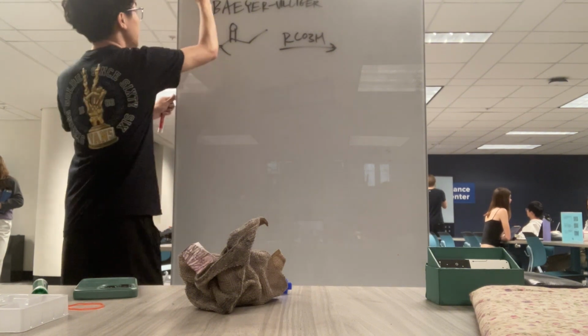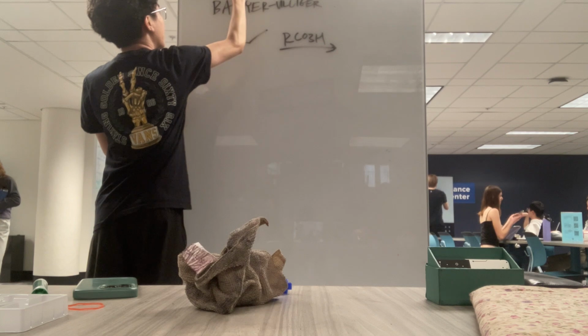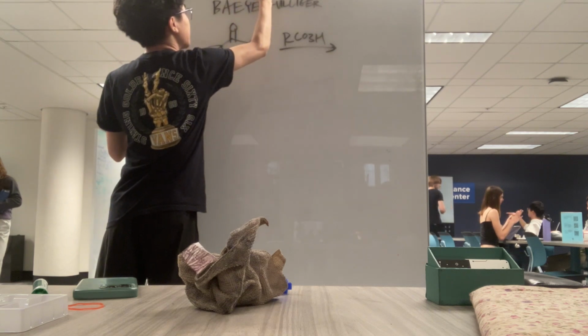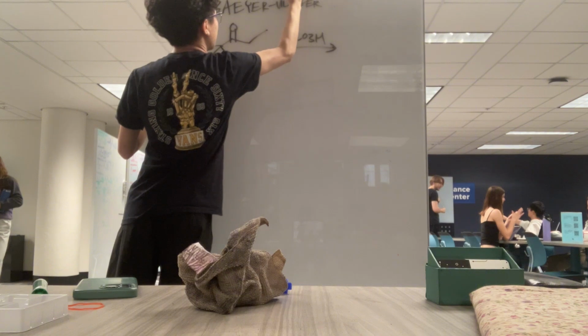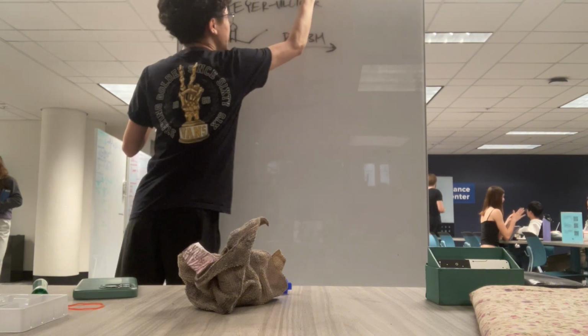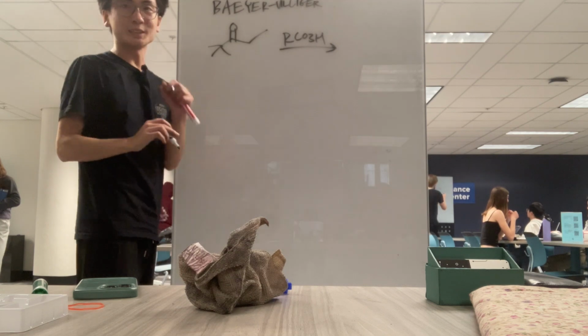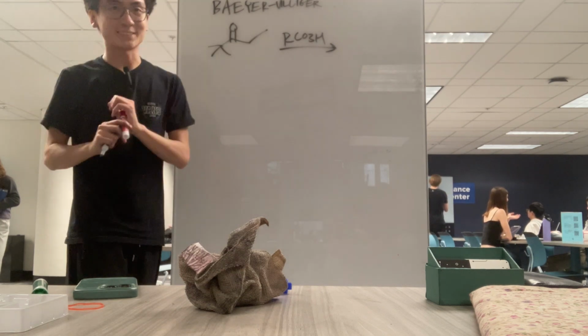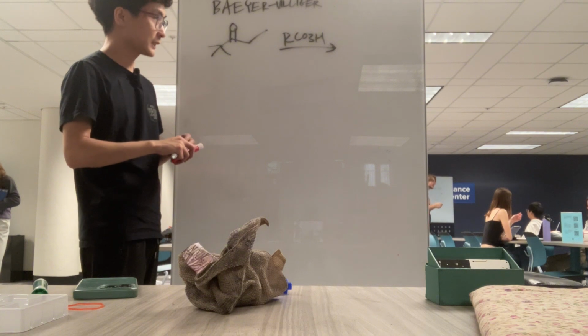But to do that, we need to know the migratory aptitude list. Hydrogen, I know for sure, is the first one, but I'm not sure of the rest. Can you guys check for me what the migratory aptitude is? Tertiary is probably the second.